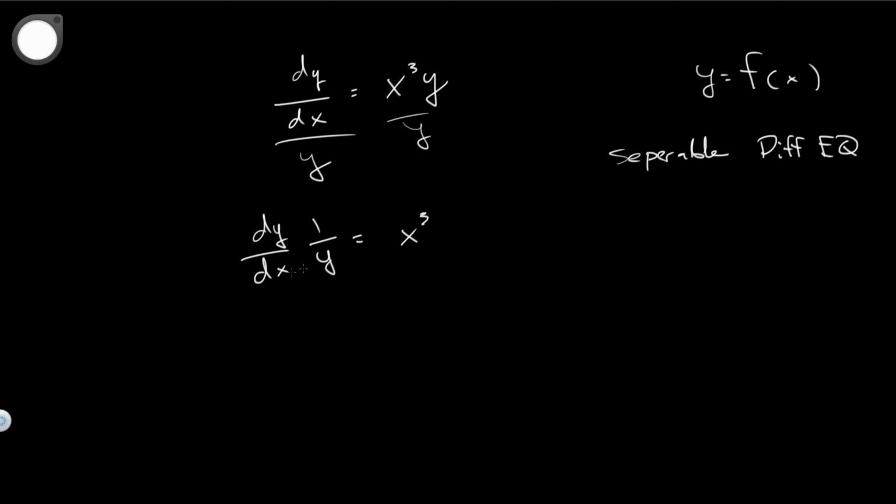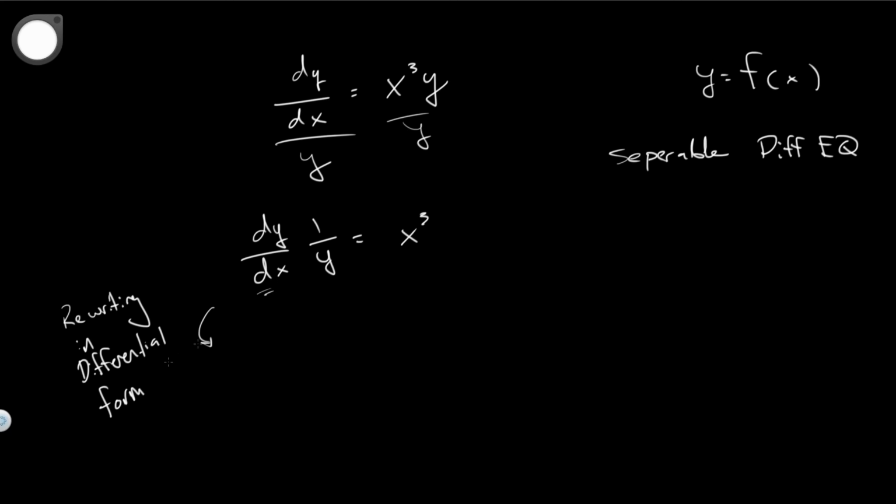And I'm going to do something that is generally frowned upon in math, but I'm going to rewrite, I'm going to multiply both sides of this equation by dx. Now remember, dx is not actually a number, right? But what I'm going to do, this is the name of what I'm doing. It's called rewriting in differential form.